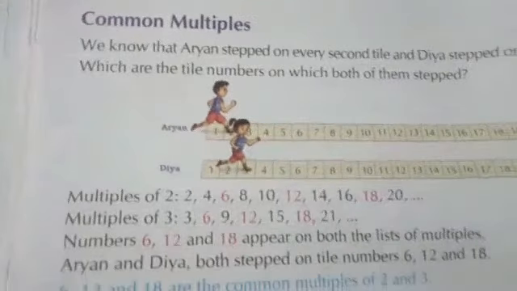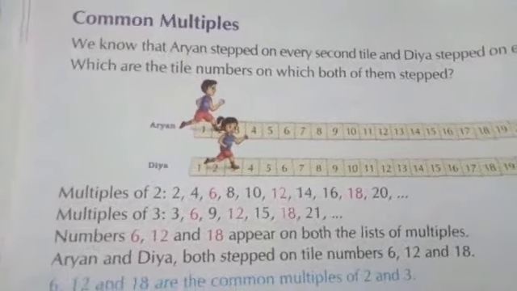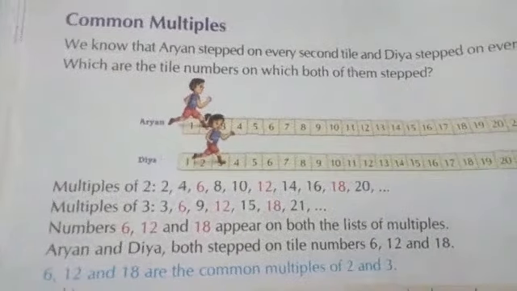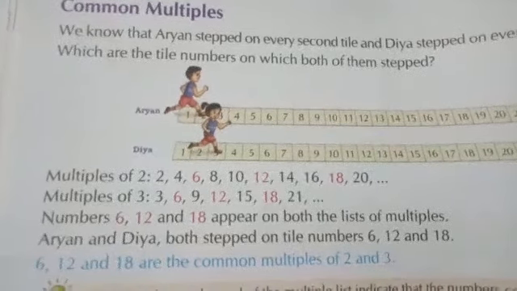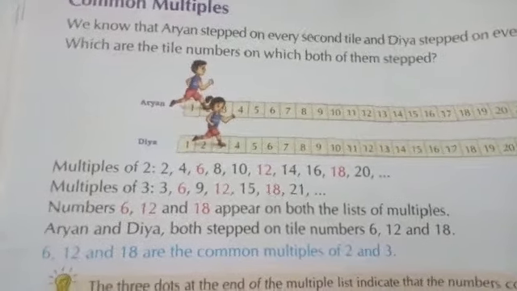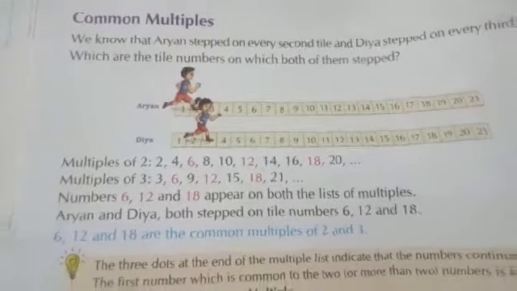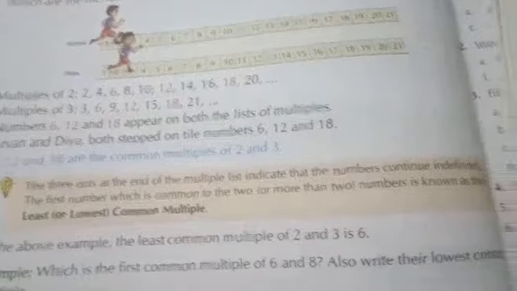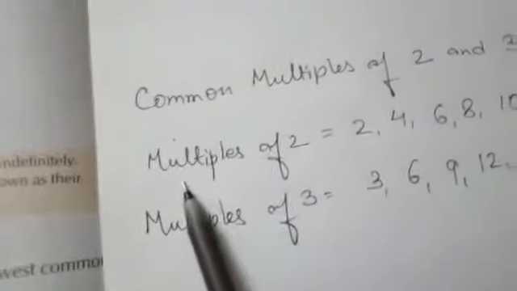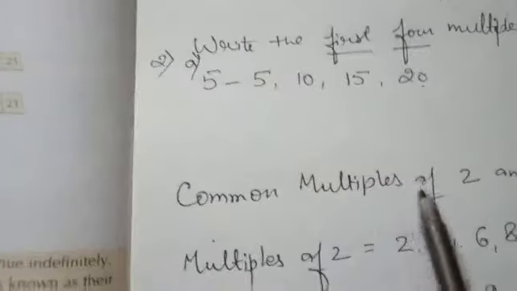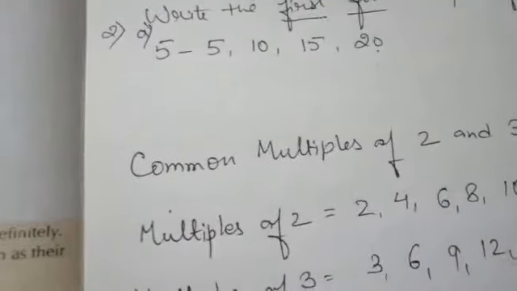Common multiples means the numbers or the answers which are common in both the numbers, or 2 numbers or 3 numbers. You can do common multiples of 2 numbers, common multiples of 3 numbers. So here I am showing you one more example. Common multiples of 2 and 3.